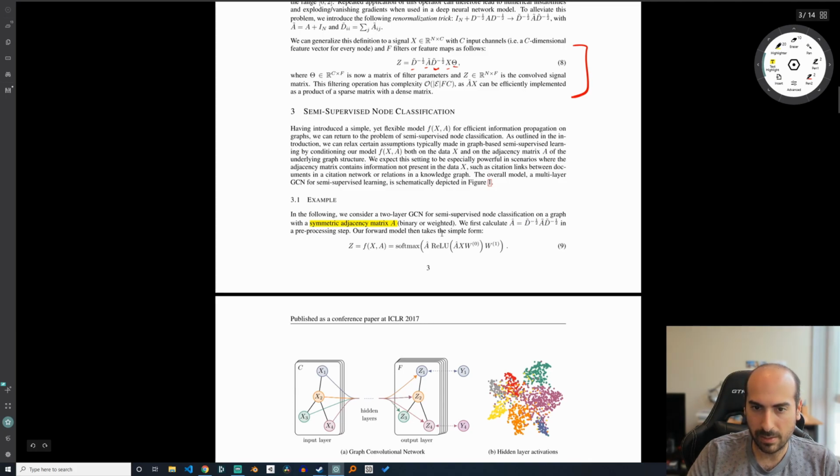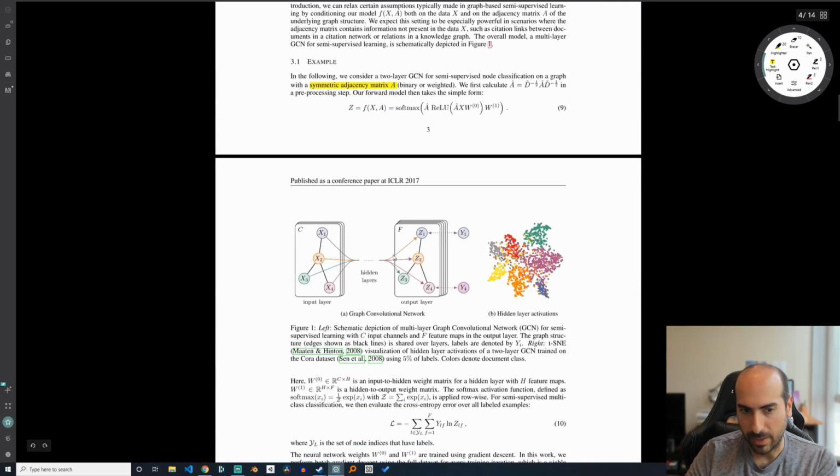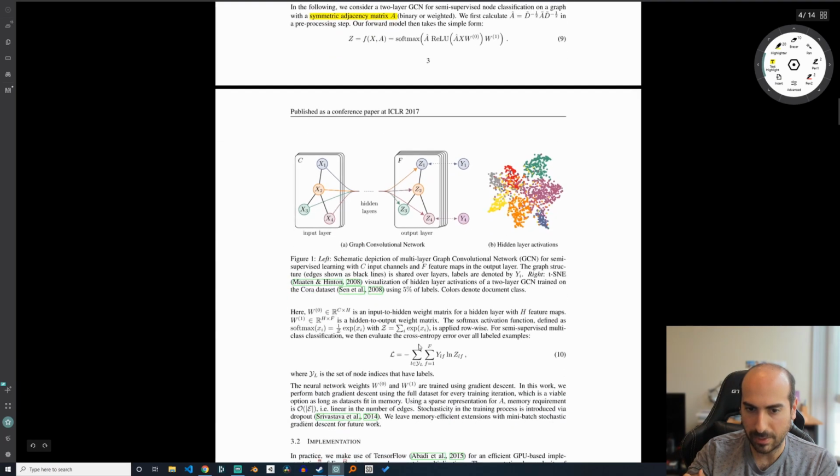Our model then takes the simple form of f(X, A) as just the softmax of A-hat ReLU(A-hat X W0) W1, right? And so W is the input to the matrix, the little layer. And then they evaluate the cross-entropy over all labeled examples, where Y_L is the set of node indices that have labels.